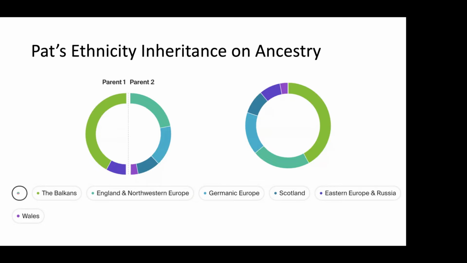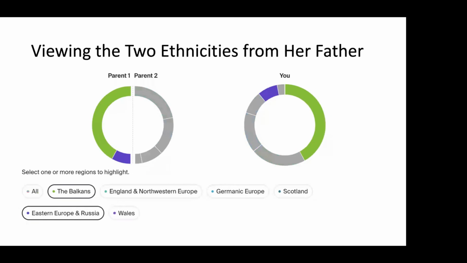The half circles on the left show the breakout of each parent. The full circle on the right shows your breakout. And notice that in each of these three areas, they are ordered by how much you have. The light green one is the largest in each case, well, in two of the three cases, and so on.